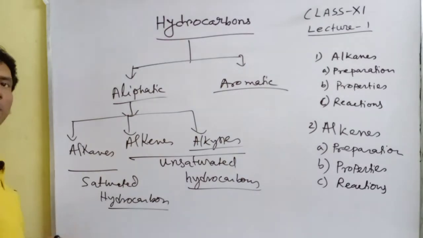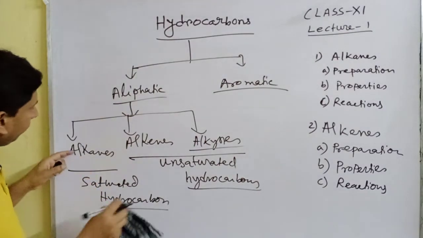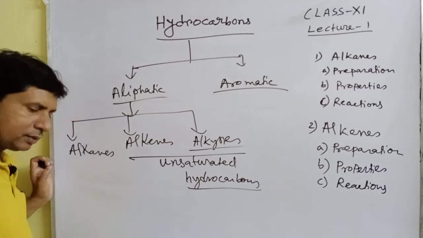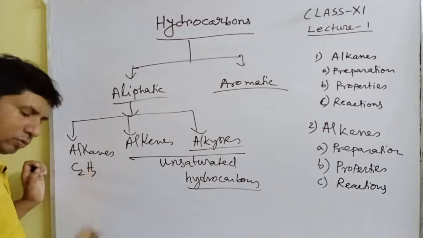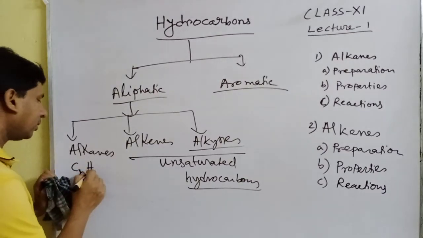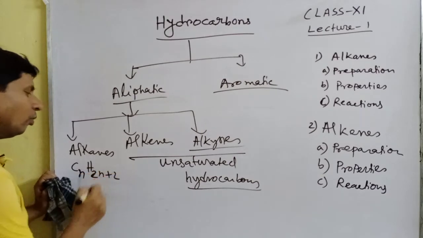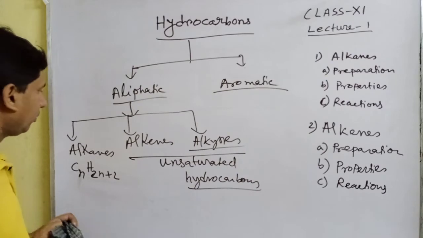Now the general formula of alkane is CnH2n+2, where n is 1, 2, 3, 4, any integer.